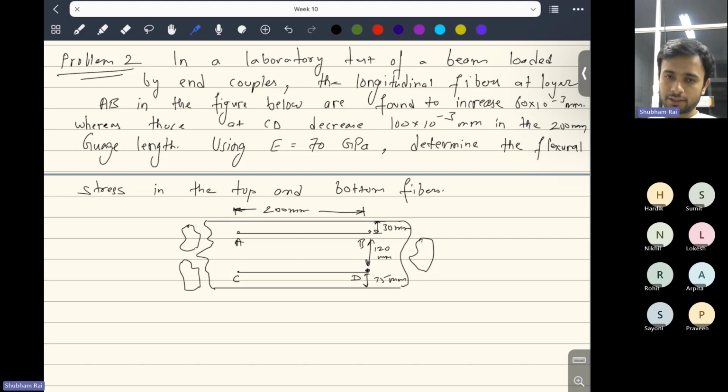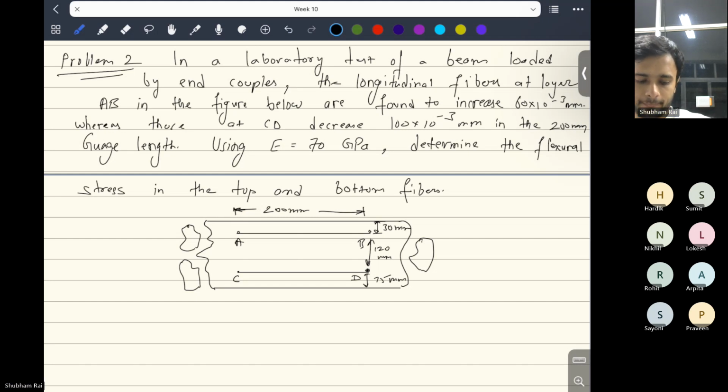So how will you do that? Please think about it. You can start by locating the neutral axis. Let's say neutral axis is at some place. From there, let's assume that these fibers are at a vertical distance.